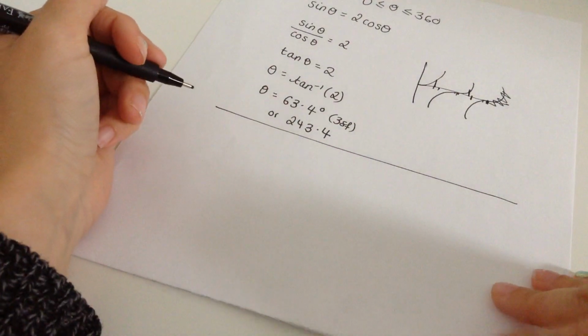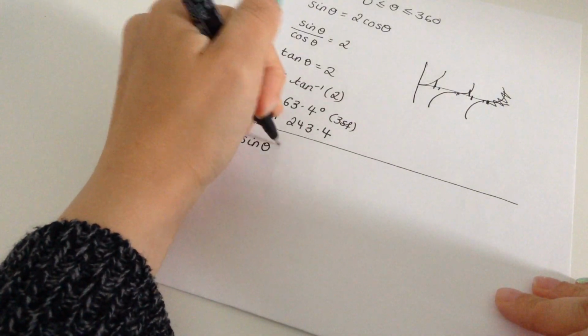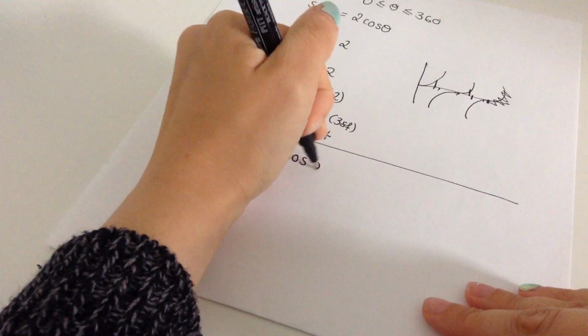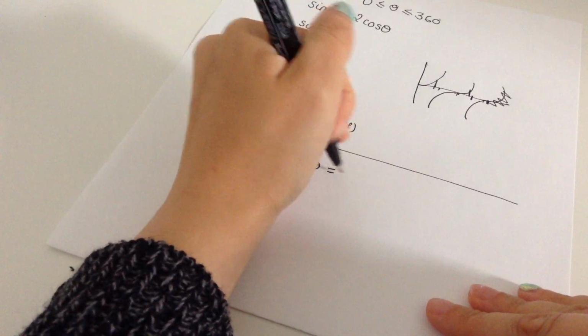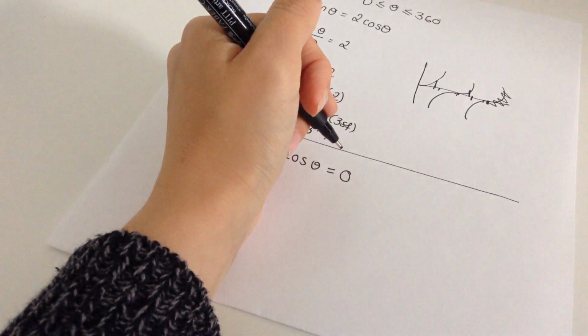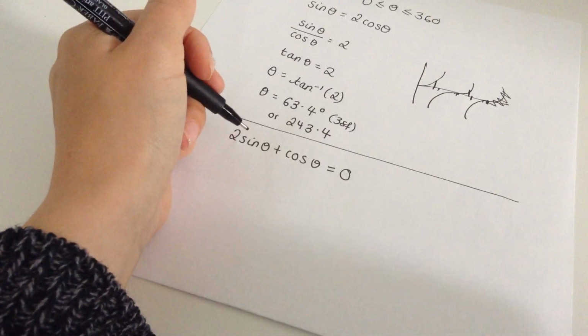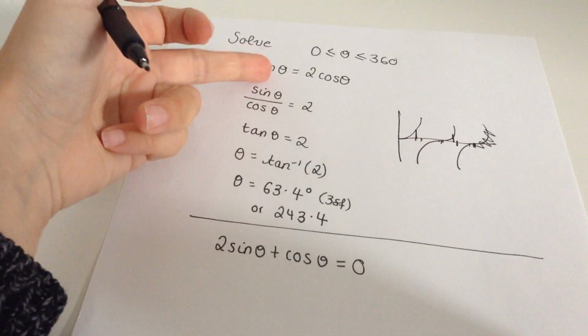Okay, next example. 2 sine theta plus cos theta equals 0. I feel like I could kind of make it similar to that.